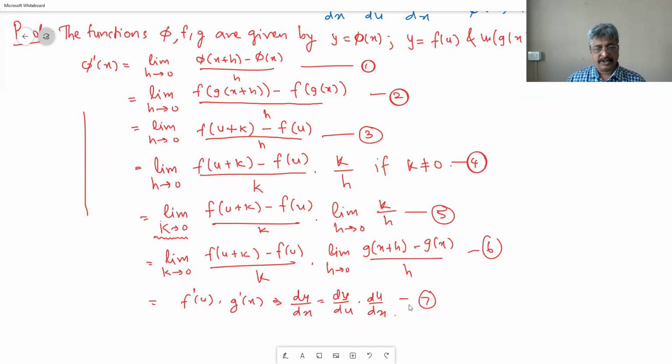So there are questions, and therefore even though this is a very simple way of looking at the proof of the chain rule, more or less it is correct, but we are just not aware of these functions which we are handling. See, h tending to 0 is fine because we are aware of x.